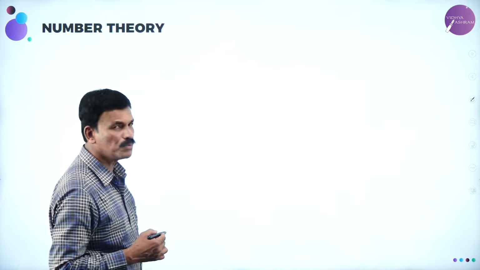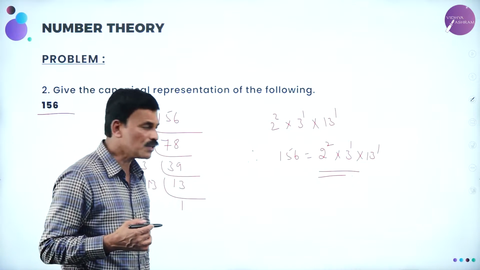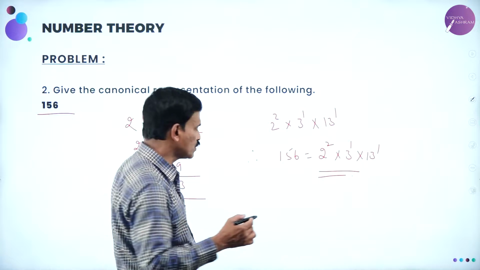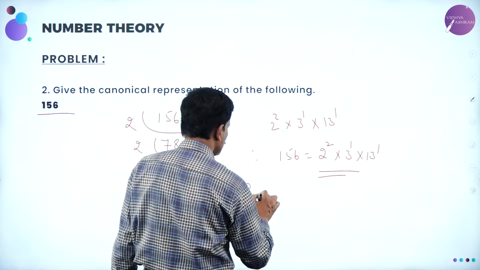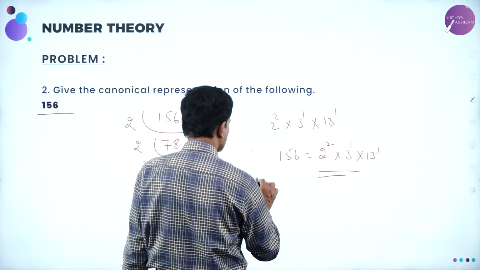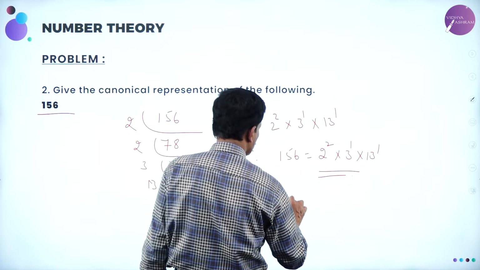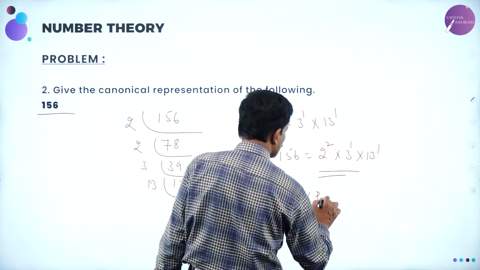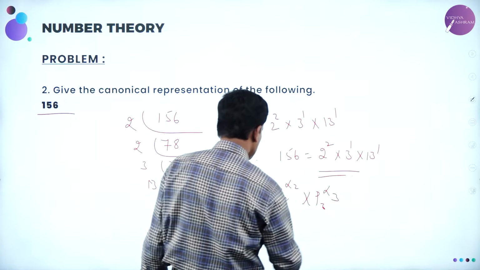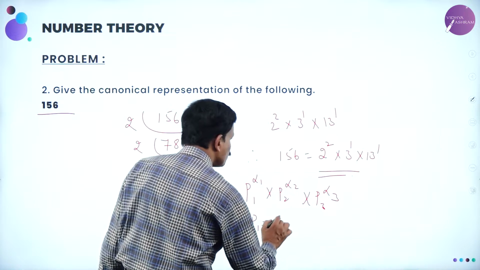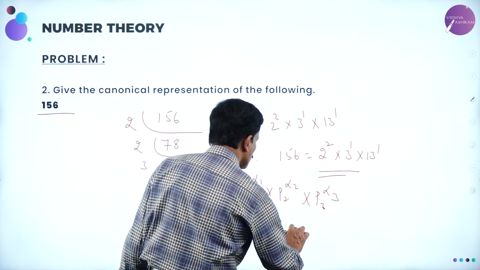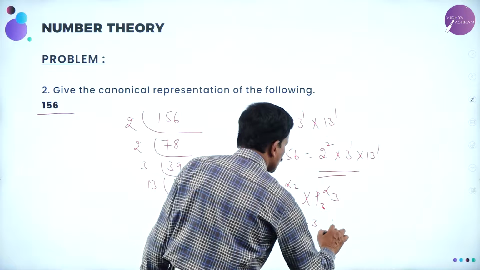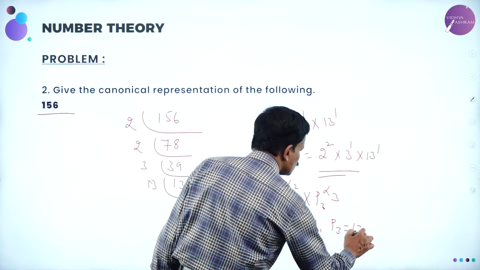Now suppose you want to find the number of positive divisors. This is of the form P1 to the power of alpha 1 into P2 to the power of alpha 2 into P3 to the power of alpha 3. Here P1 is equal to 2, P2 is equal to 3 and P3 is equal to 13.